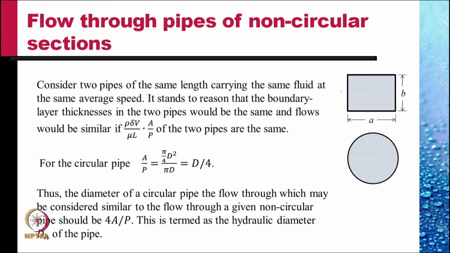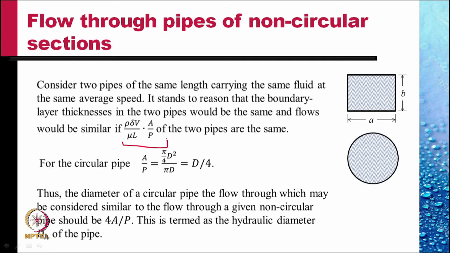It stands to reason that the boundary layer in the two pipes would be the same and the flow would be similar if this quantity would be the same in the two pipes.